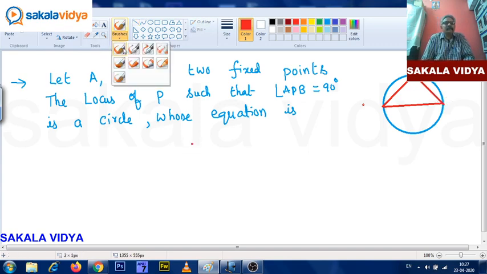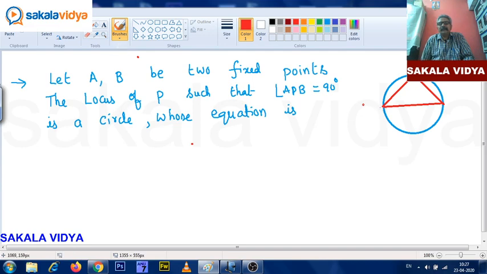So now say these two points are the fixed points, say A, B, and P is the point on the locus P (x, y) making 90 degrees.